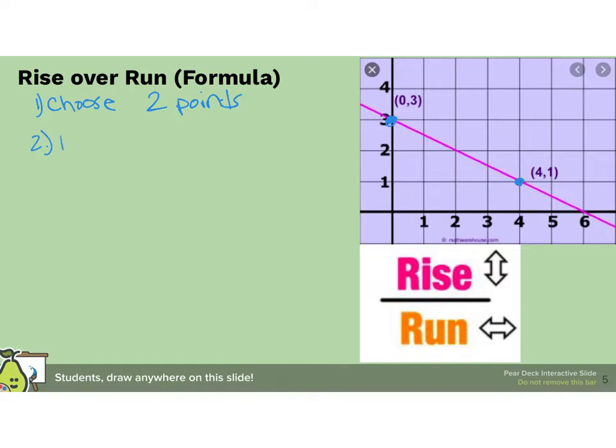And for the numerator, because slope, we always want it to be a fraction. To figure out the number that goes on top, you're simply going to count how far up, that would be positive, or down, that would be negative, you move to get to the next point.